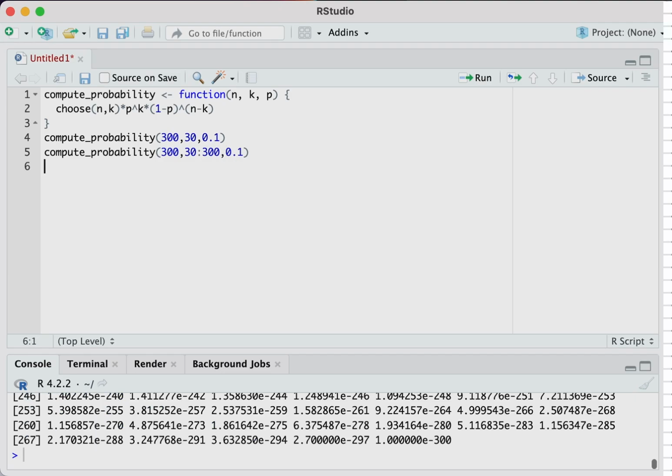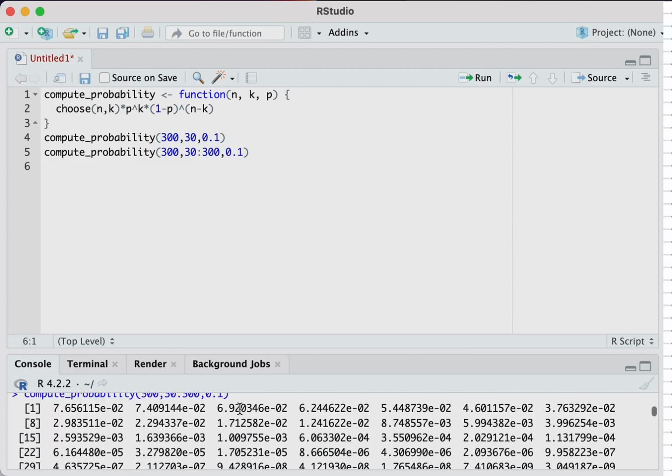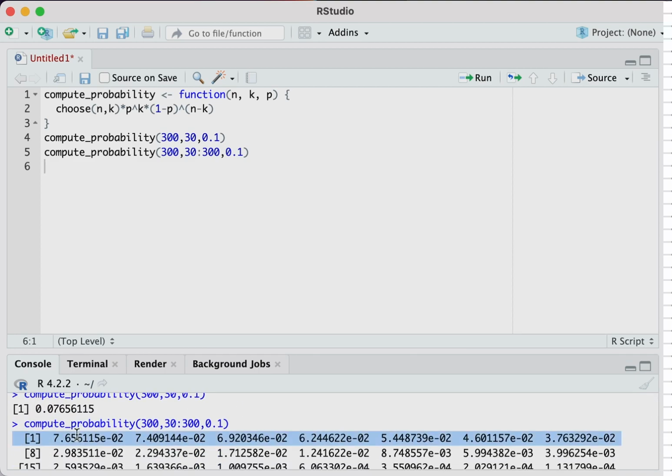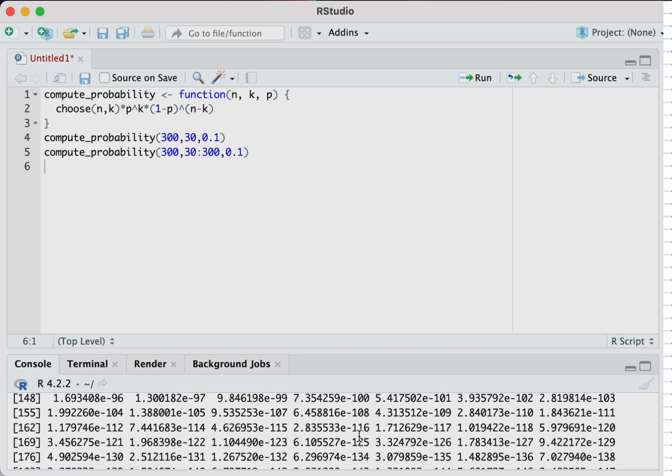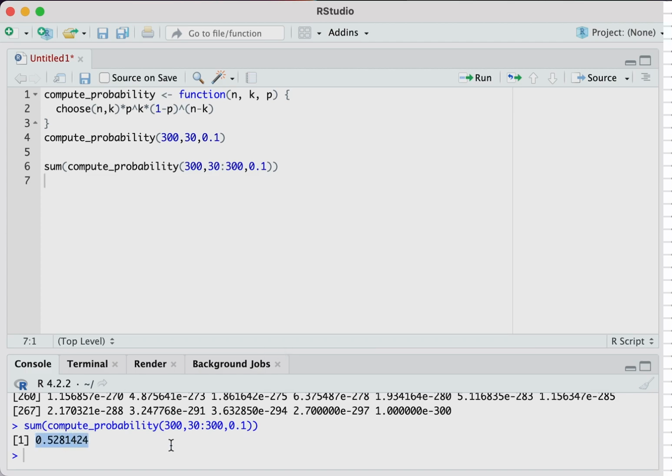We get a big, long vector. The first thing is the probability of getting exactly 30, then exactly 31 is a little smaller, and exactly 32 is a little smaller. You can see this is sort of 10 to the negative 2, and once we get down here it becomes like 10 to the negative 100. Now I'm going to sum these up, and I get that the probability of getting 30 or more is 52.8.